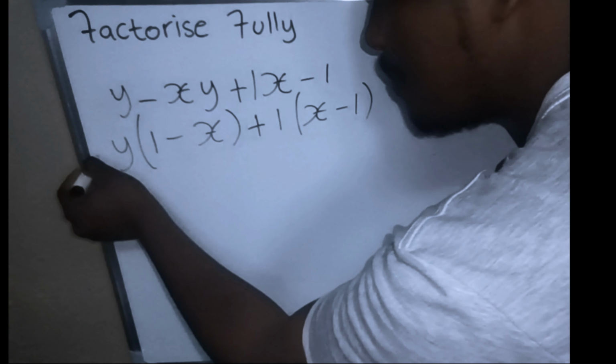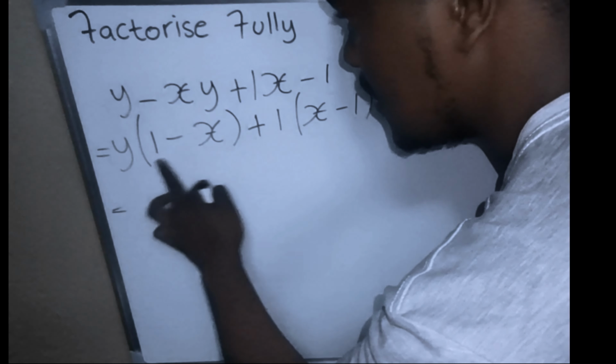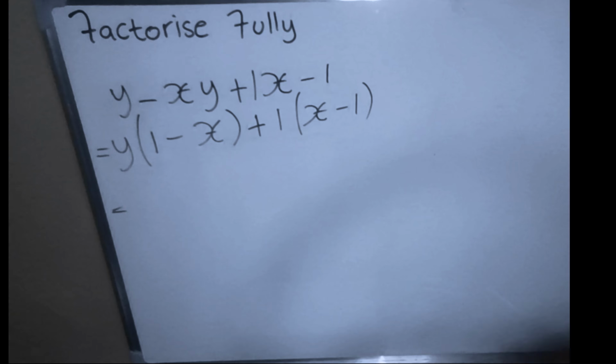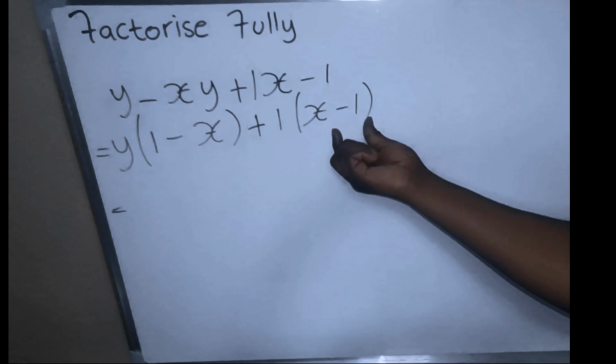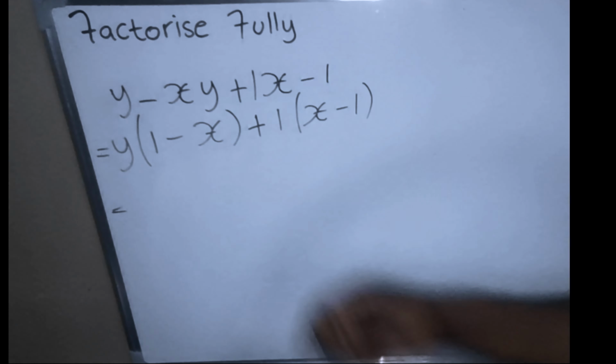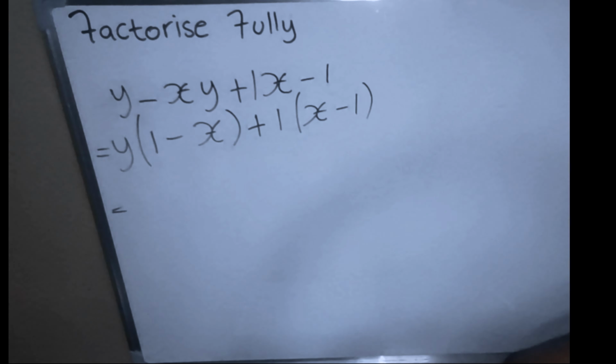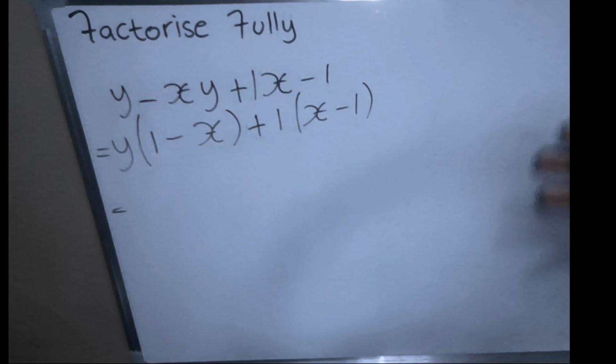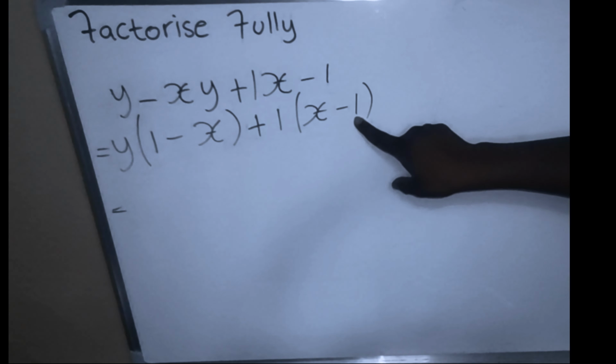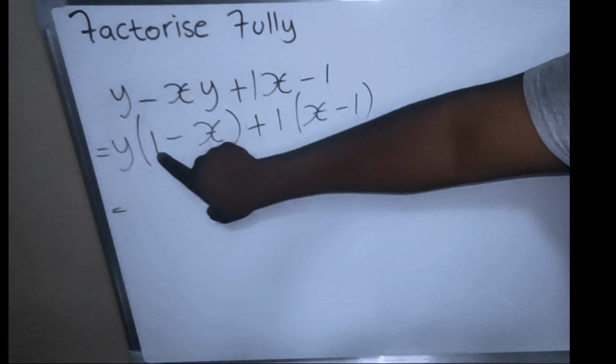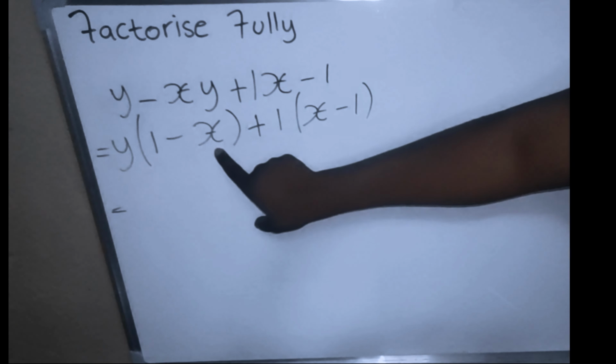Now, these steps are very important, guys. The second step is making sure that the 2 brackets are the same. Are these 2 brackets the same in terms of the sign and everything? In terms of how they are written, they are not the same. Here 1 is negative, here 1 is positive. x is negative, x is positive.